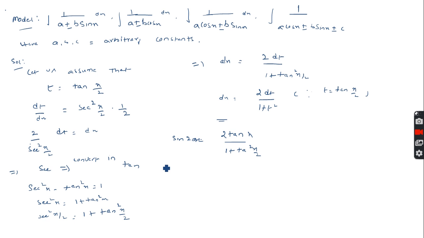So substituting x equal to x by 2, sin x by 2 into 2 is equal to 2 into tan x by 2 by 1 plus tan square x by 2. The 2 will be cancelled, and we get sin x equal to 2t by 1 plus t square.